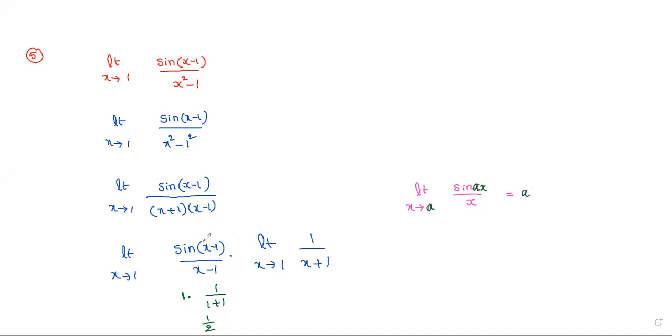It is 1, since the sin angle is the same. Limit x tends to any value, if it is in the form sin x by x, it is 1. Comparing as x by x form, substitute x value 1: 1 by 1 plus 1, which is 1 by 2. Okay, right.